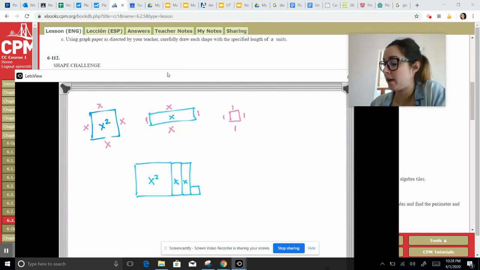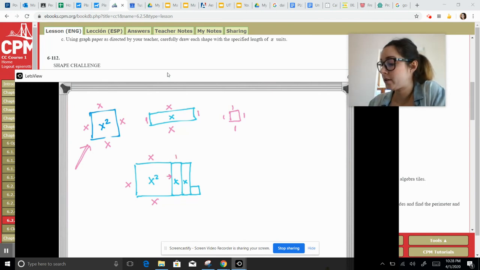When we're going around, the top is going to be x here because we know from the x squared tile that all the side lengths are x, except we're not going to count this side because it's not part of the perimeter. It's inside the shape.